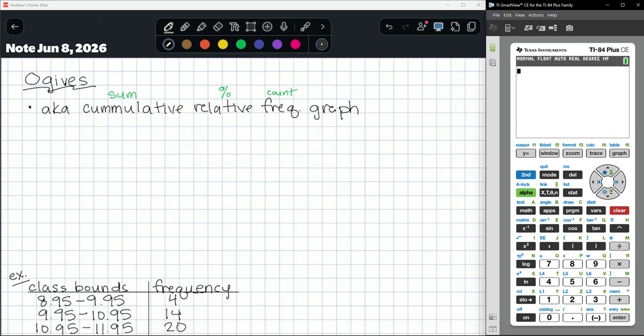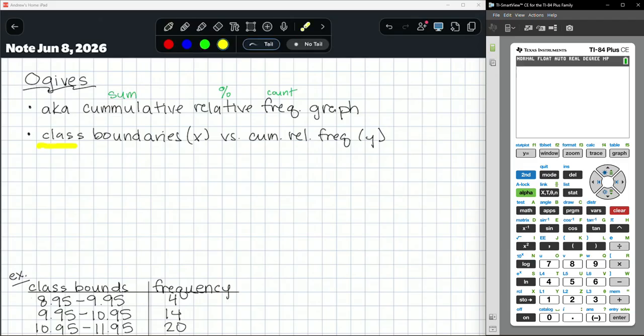When I plot it, what I'm going to be plotting is the class boundaries on the x-axis versus the cumulative relative frequency on the y. So the hash marks on my x-axis look like the values I was plotting in my histogram. And then this is going to be a modified value for the y.